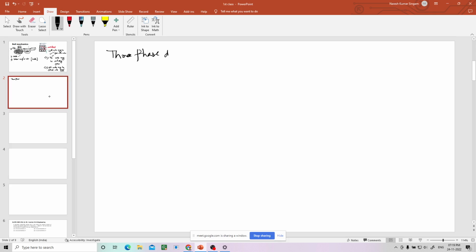Three-phase diagram. See, this is a rectangle.